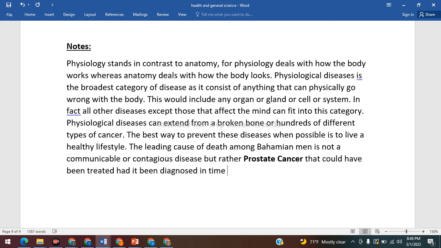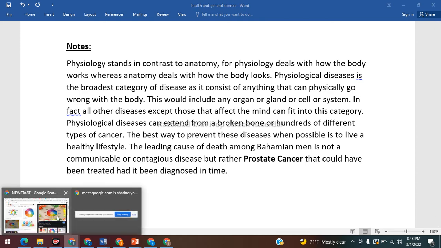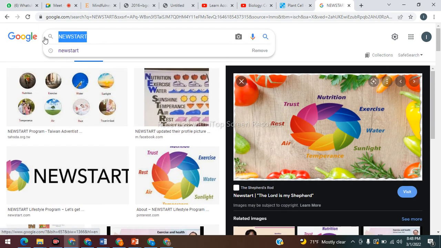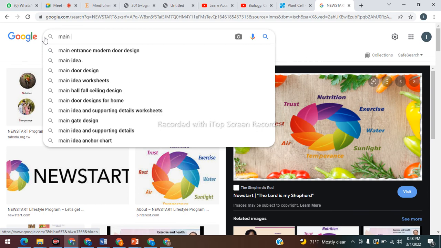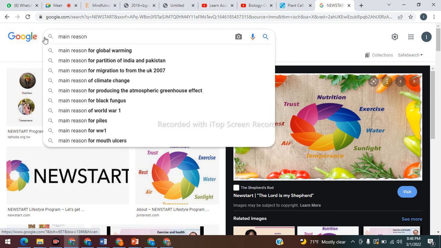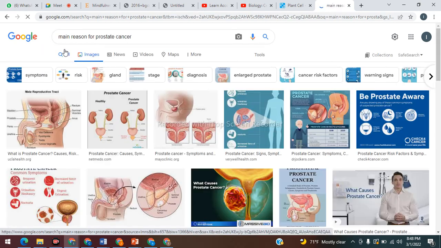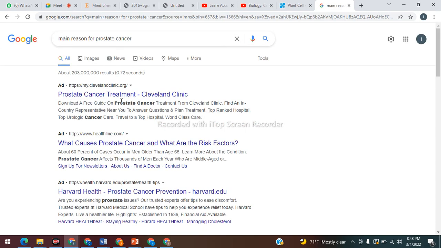How do they get prostate cancer? Like alcohol? I'm not sure what the main reason is. Let me see. Main reason for prostate cancer.